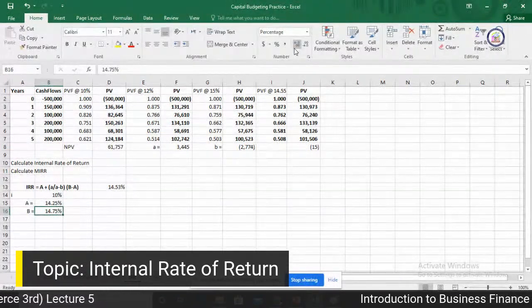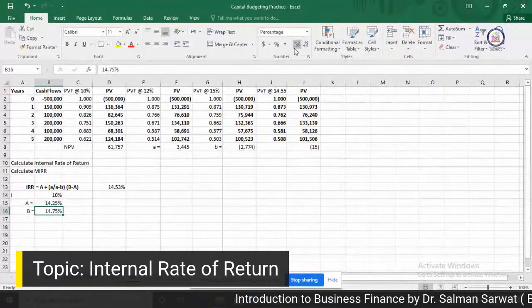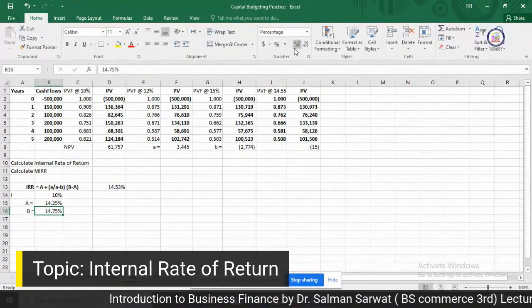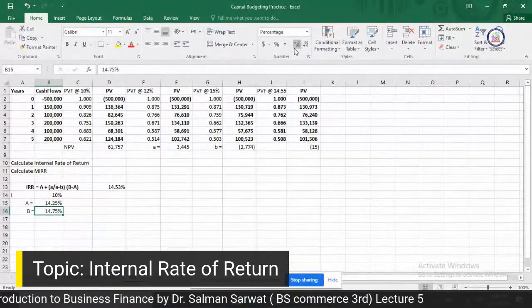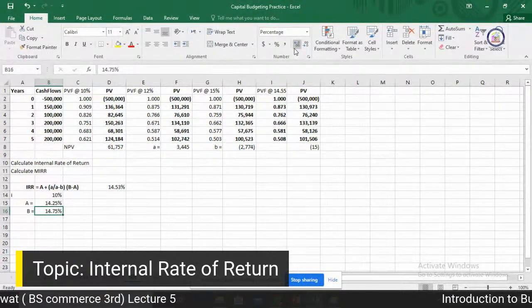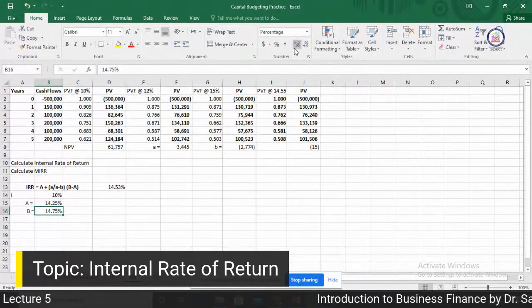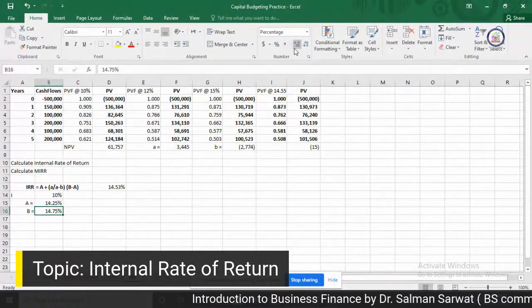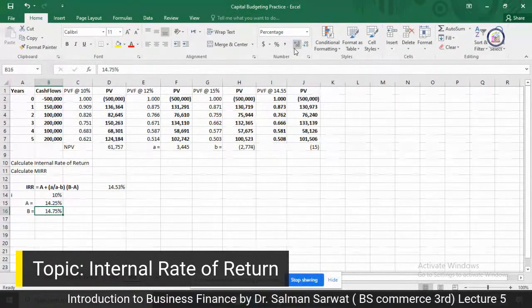In interpolation, the formula is that the interest rate which gets us a positive NPV will be considered as capital A, and the positive NPV amount will be considered as small a.